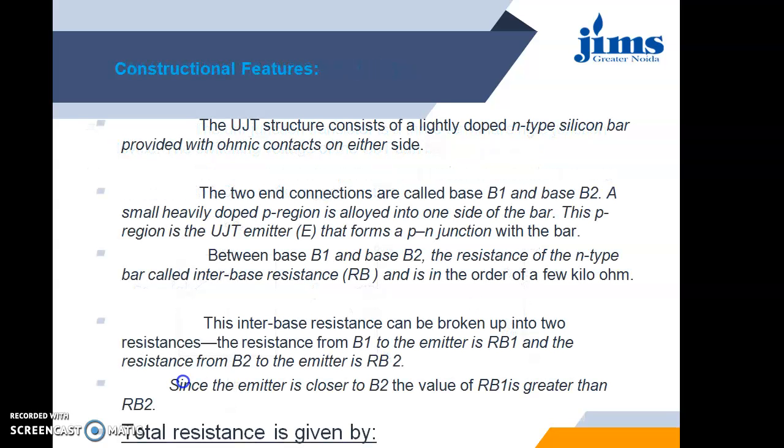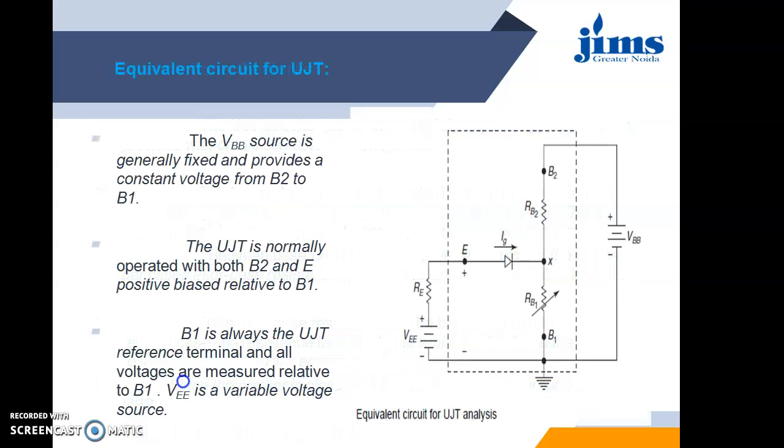The total resistance of this device is given by RB, which is equal to RB1 plus RB2. Now this is the equivalent circuit diagram of the UJT for its analysis.